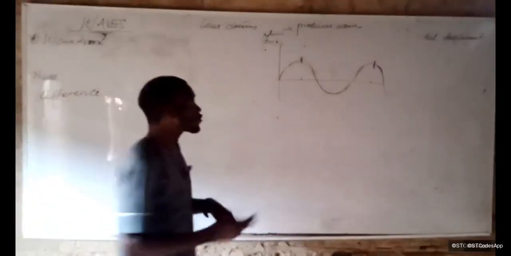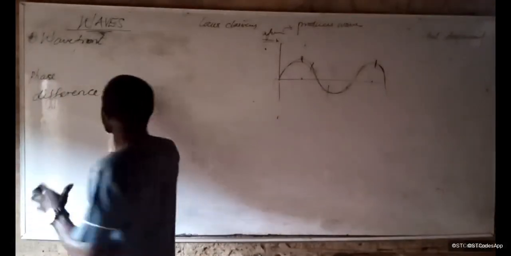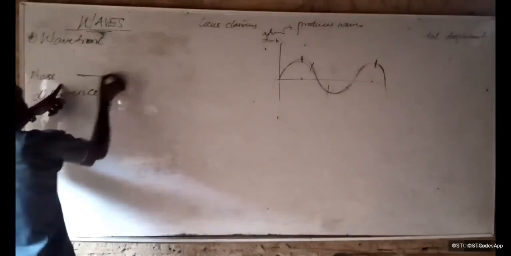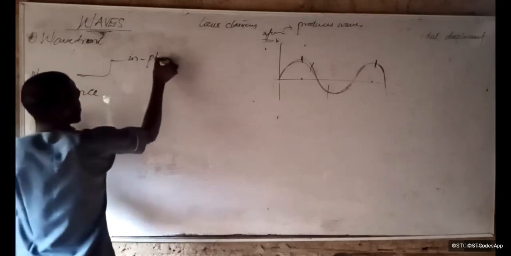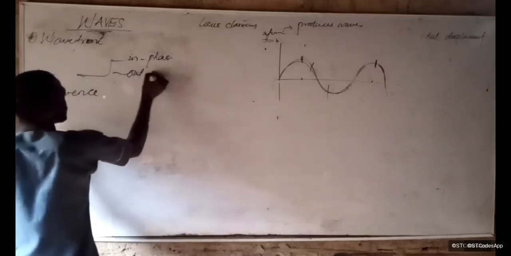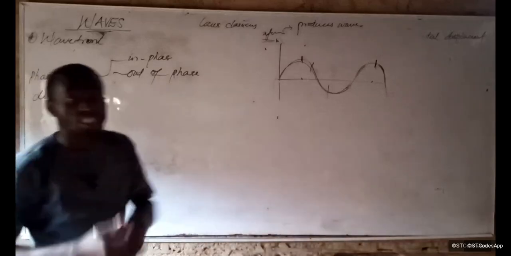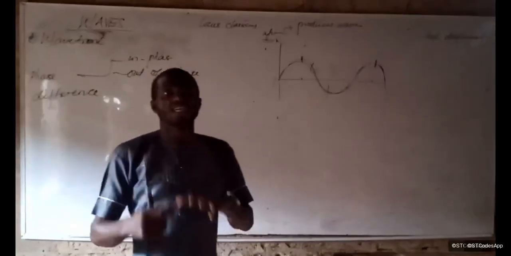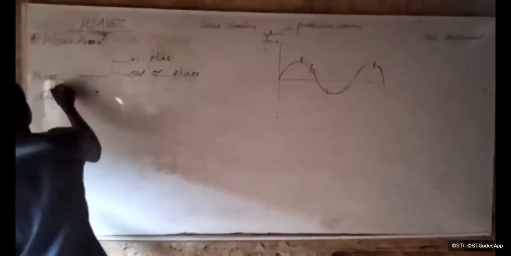What if we now pick 2 points that are not in phase? We said they are out of phase. 2 points on a wave are either in phase or out of phase. We are going to talk about the distance between 2 points that are out of phase, and we call it phase difference.